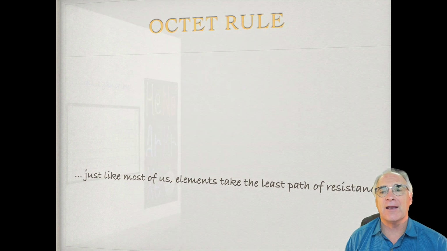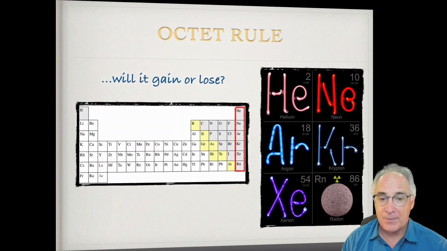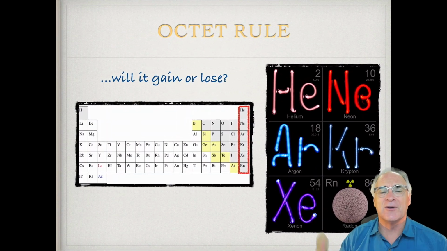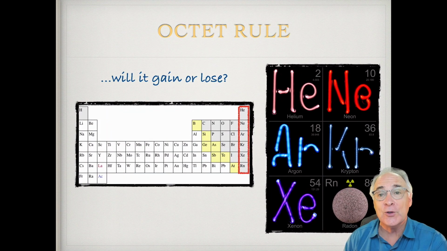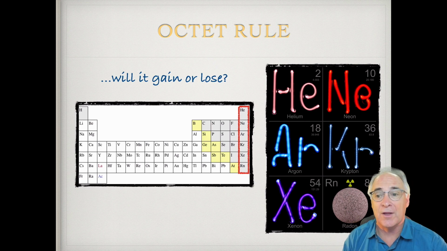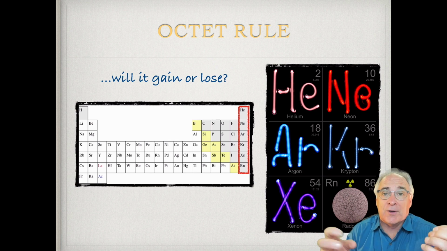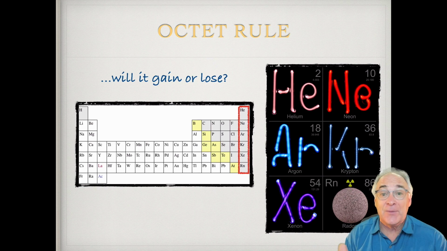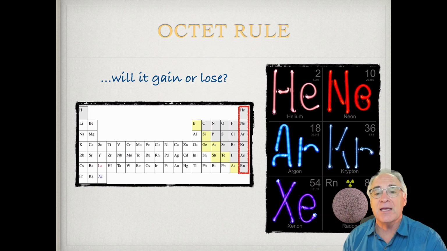Now let's take a look at an elemental point of view. And the question is really going to be, will it gain or is it going to lose? Is that element going to do which one? They all want to be noble gases if we want to anthropomorphize elements, but stability is the key in this.